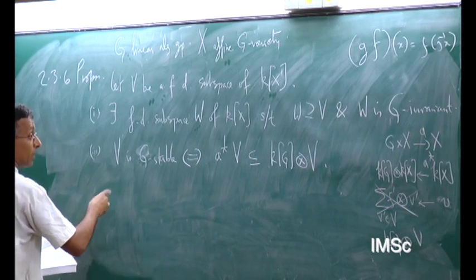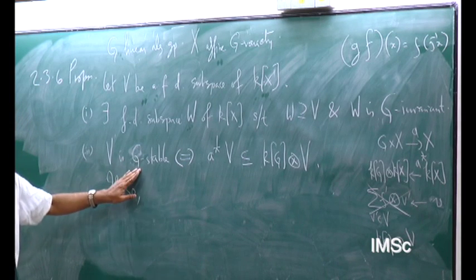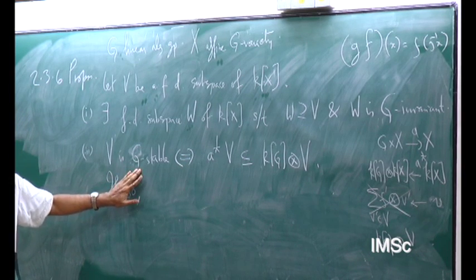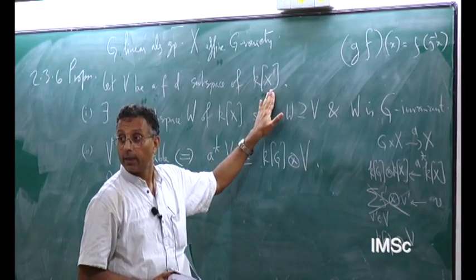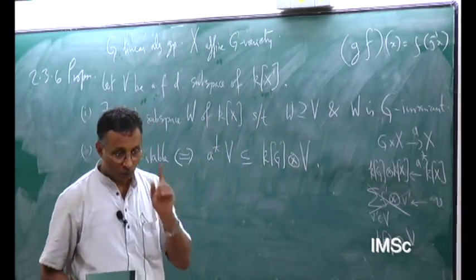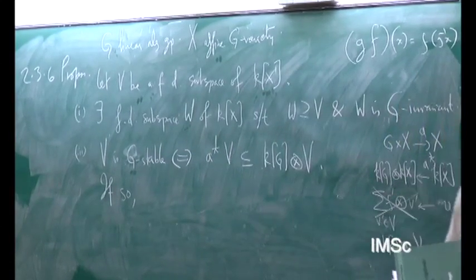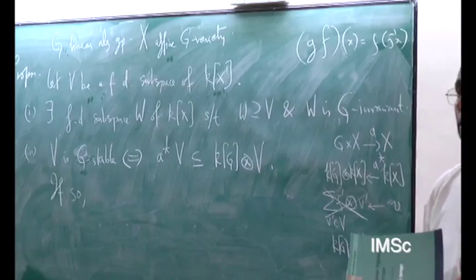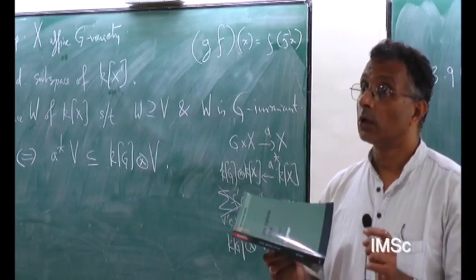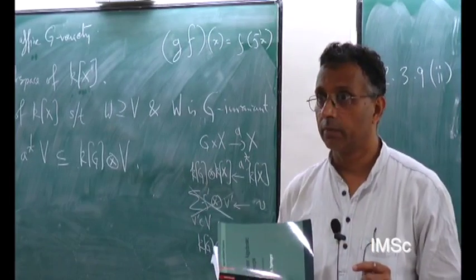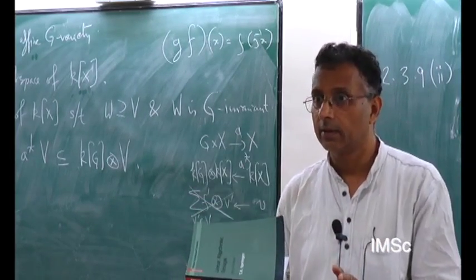Okay, if so, meaning if indeed V is G stable, right? So what do we want to say? To do Jordan decomposition, just like in the Lie algebra case where you use the adjoint representation, here you want to use the God-given representation. The God-given representation will be on K[G] itself, right?